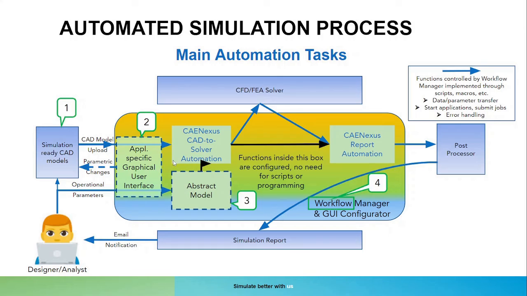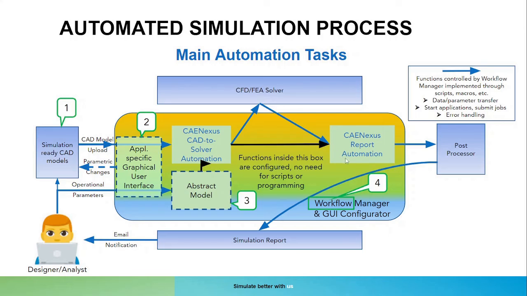At the back end, abstract model files and the CAD model will be used by a CANXS CAD to solver automation workflow, and it will generate the input deck required by the solver. Once we submit it to the solver, the solver will give the required result files.